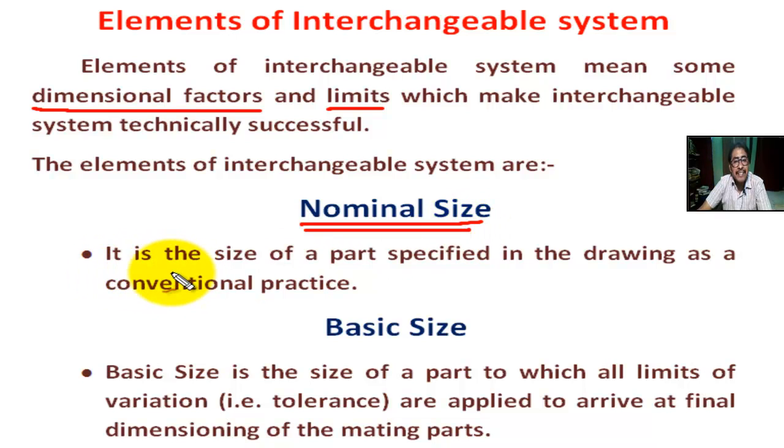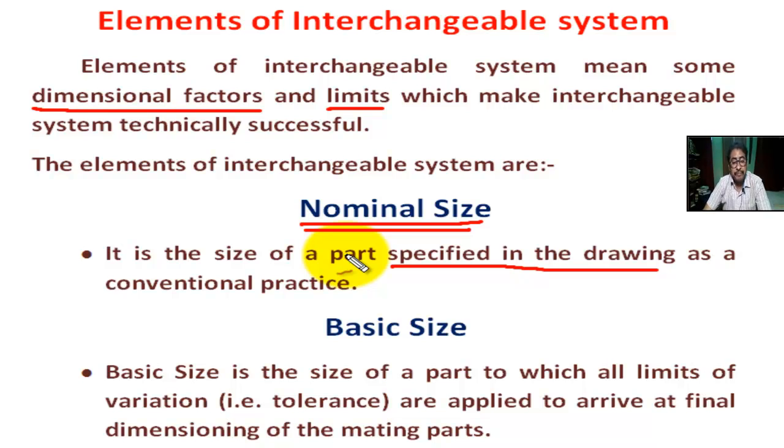It is the size of a part specified in the drawing as a conventional practice. A nominal size is the size which is used for the purpose of general identification.